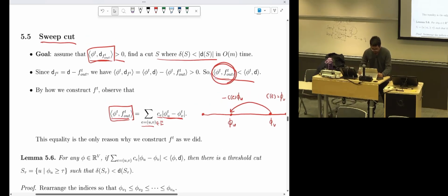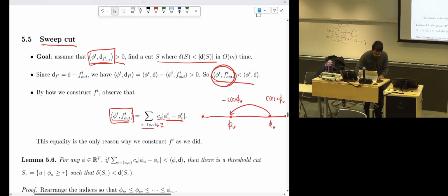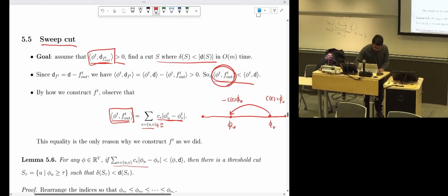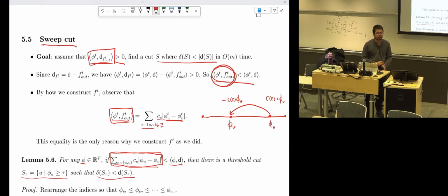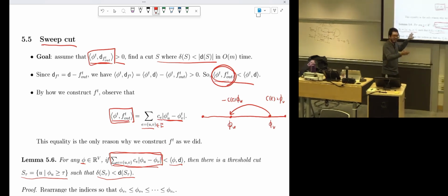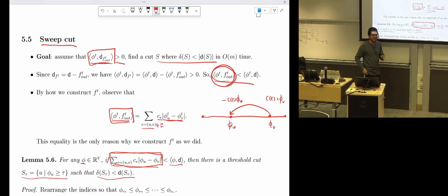And now my claim is that if there is any phi such that this sum is smaller than this, then you can find a threshold cut such that it's a violating cut. This is where it's similar to the flow-cut gap argument, where we find a threshold cut.